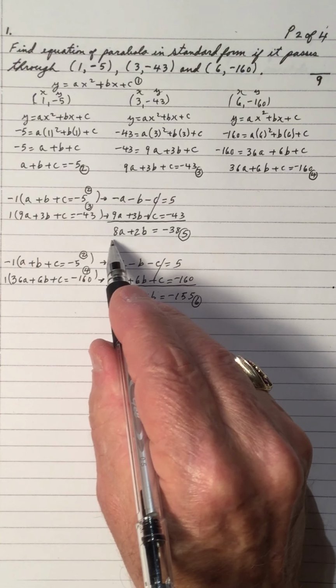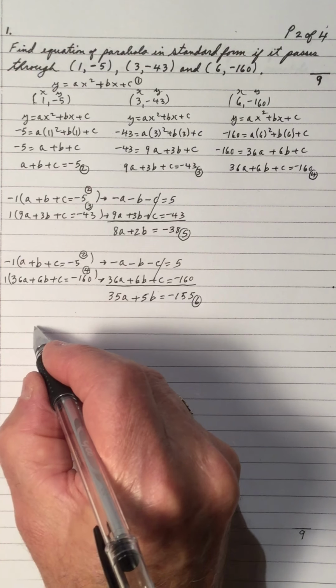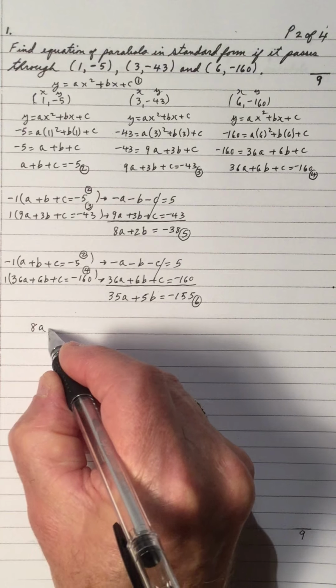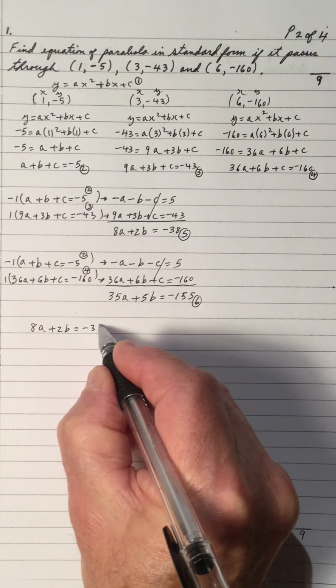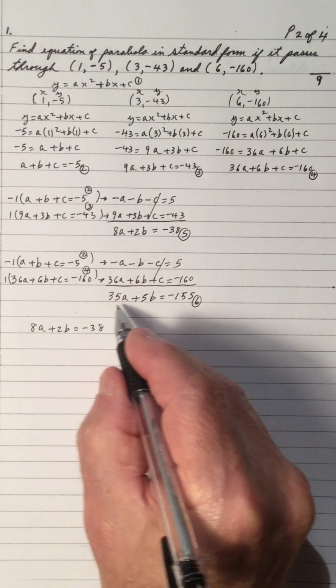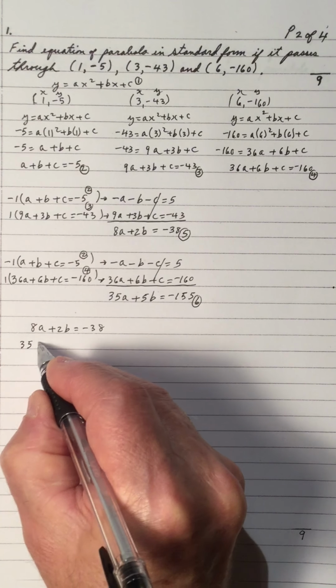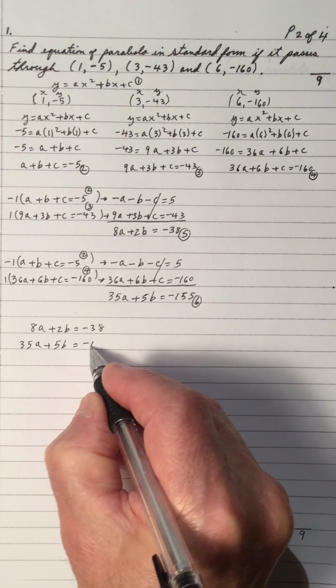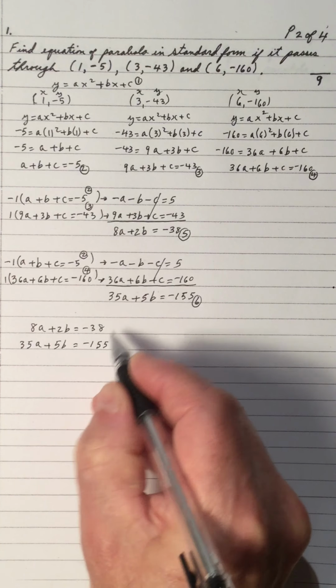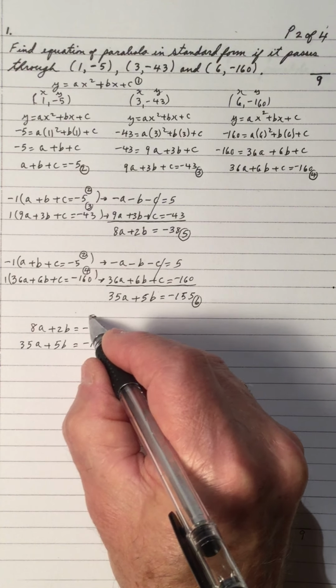So now we have two equations with a and b. So we'll write those down. 8a plus 2b equals negative 38. And we'll write down 35a plus 5b equals negative 155. So that's number 5.